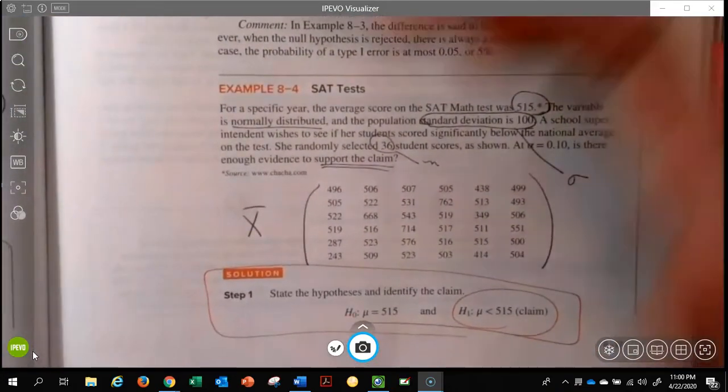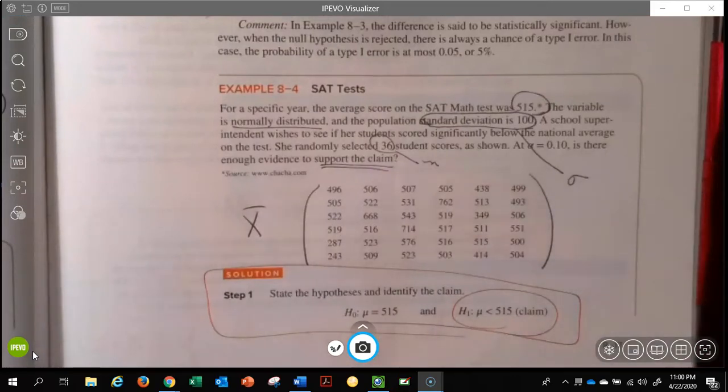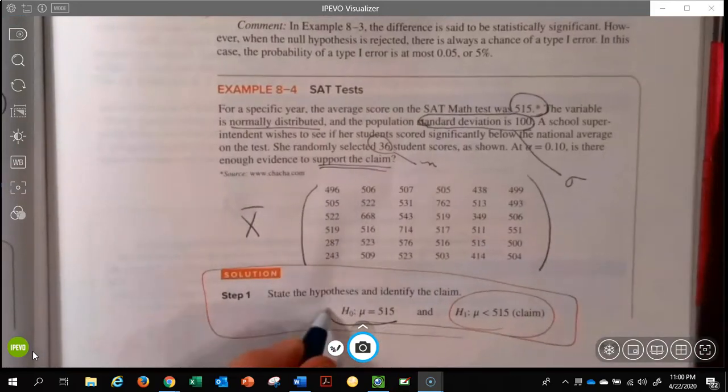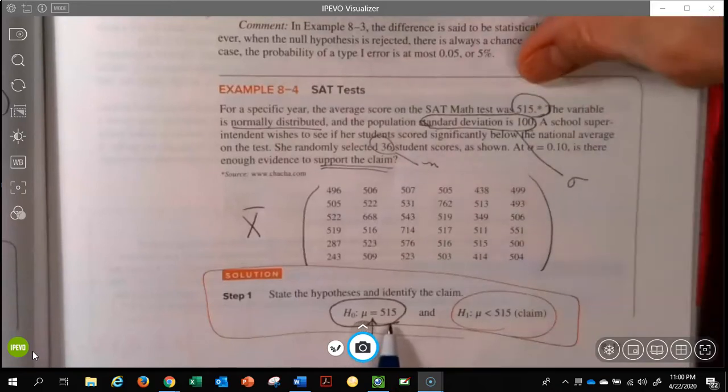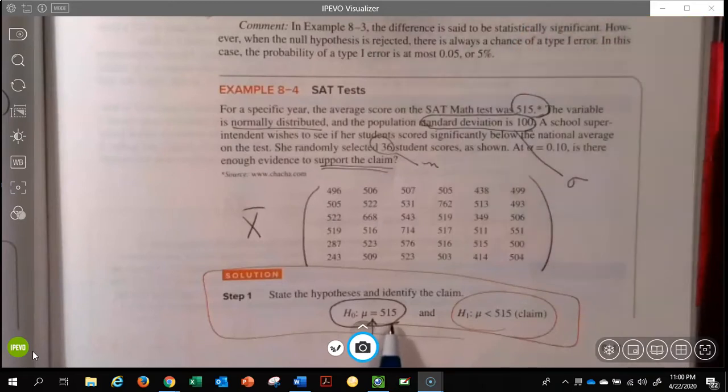And so I hope you have gathered, picked up, noticed that our null hypothesis is always going to be the equal one. The null hypothesis is that our mu, our population mean, is 515.